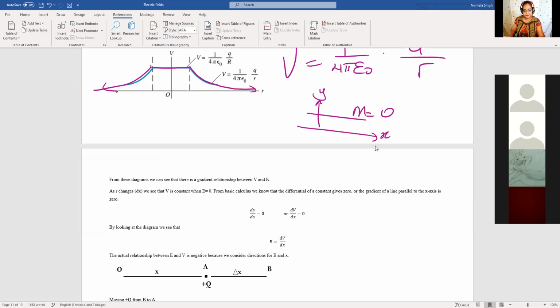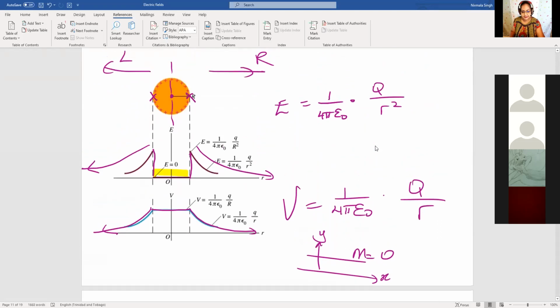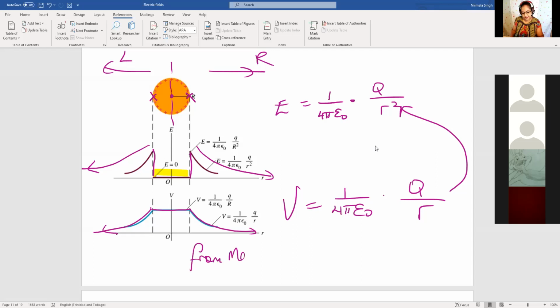So here, for Add Math students, you can already see how V and E will be related to each other using calculus. Here we can see from maths, the gradient of a line parallel to your x-axis is 0.